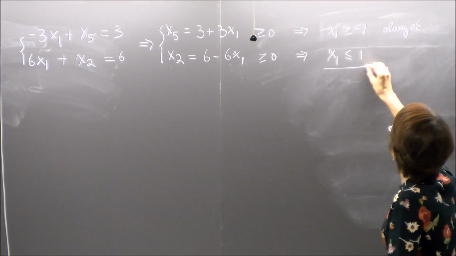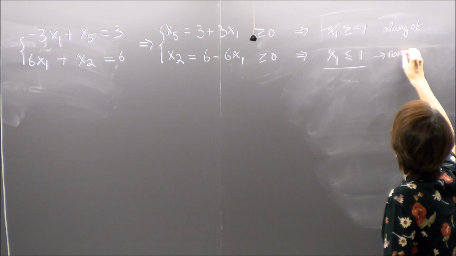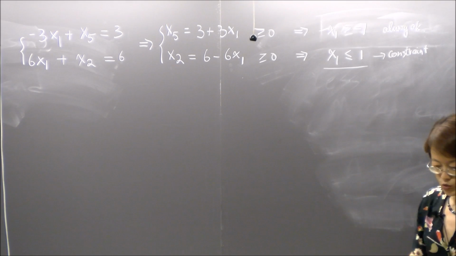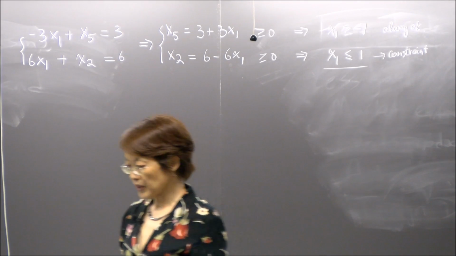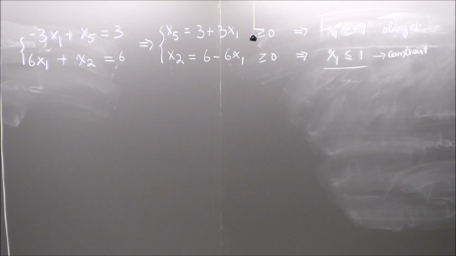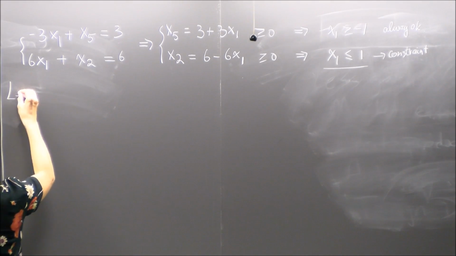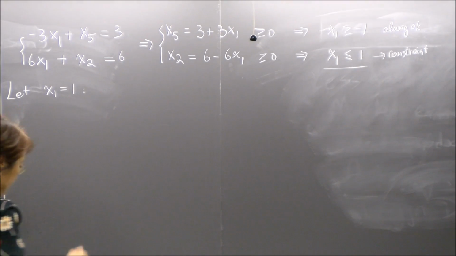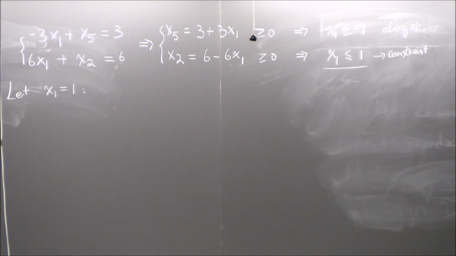And this one actually gives me a constraint on how large x1 can be. So summing up these two, I see that the largest x1 I can choose here, which will give me the furthest reduction in z value, is when x1 equals to 1. Okay, so let's push the limit. So I will take now x1 to be 1. That's my basic variable now.